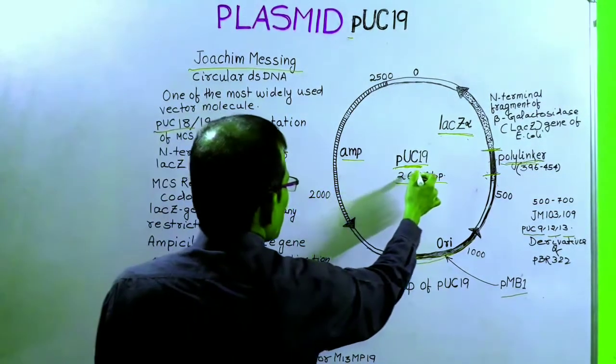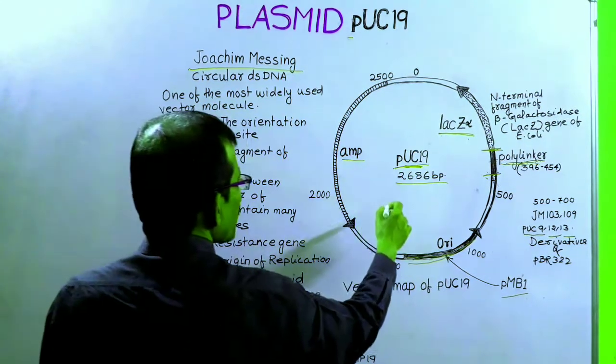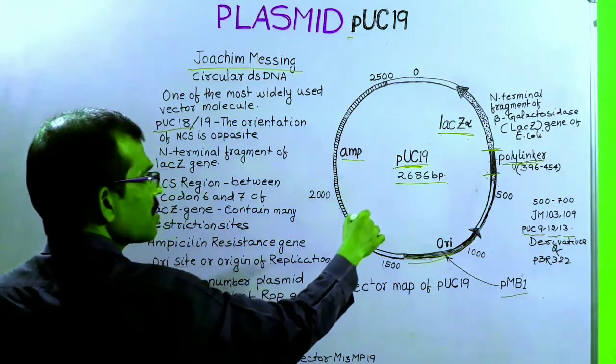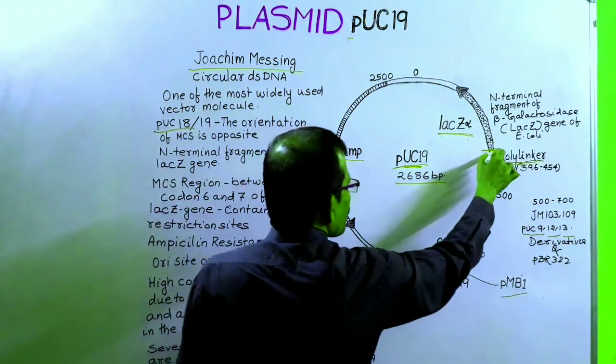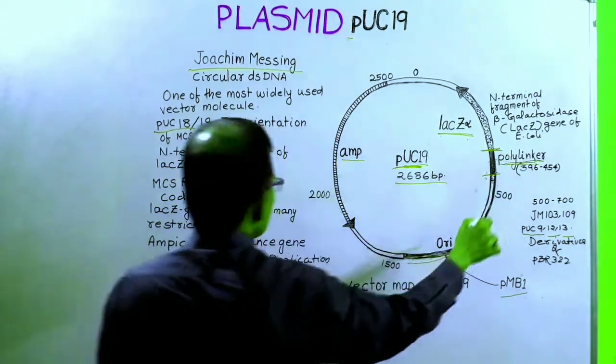pUC19 and pUC18 are very closely similar. The only difference between pUC19 and pUC18 is the orientation of the polylinker sequence, or the multiple cloning site.